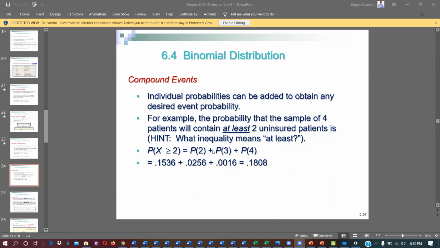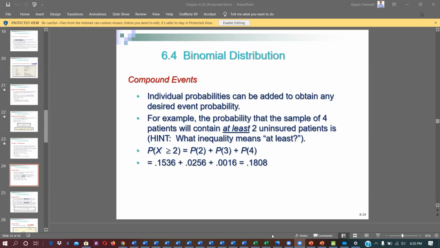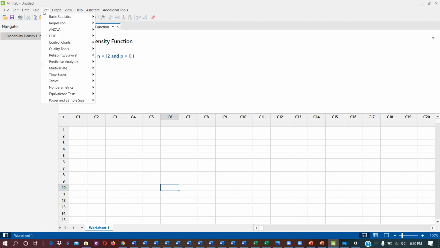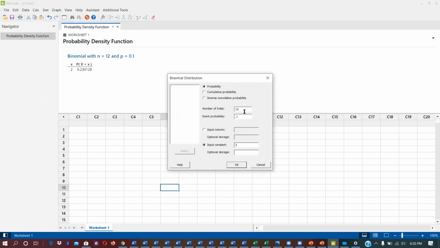So here this is asking 20%, 20%. I'm going here: calculate probability distribution, binomial probability, number of trials is 4, probability is 20%.